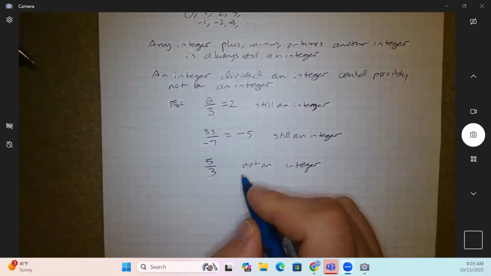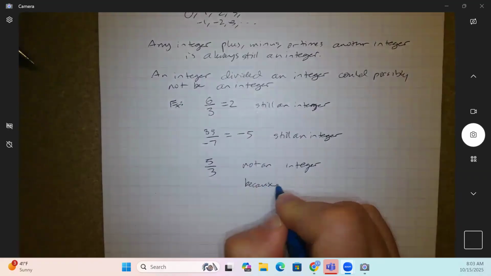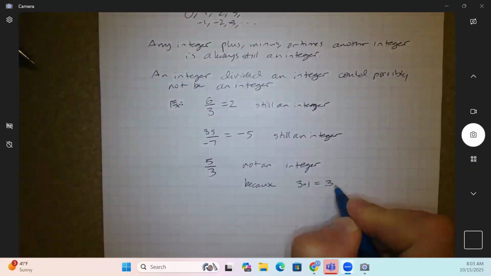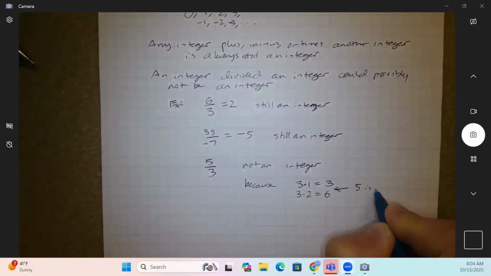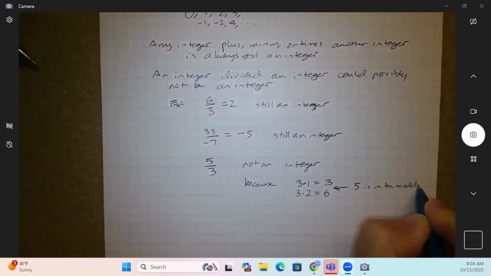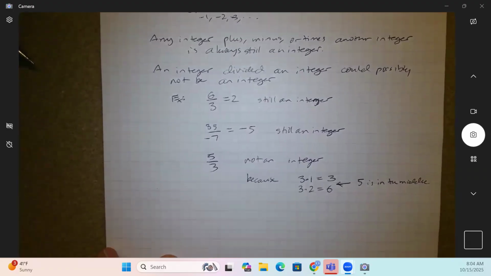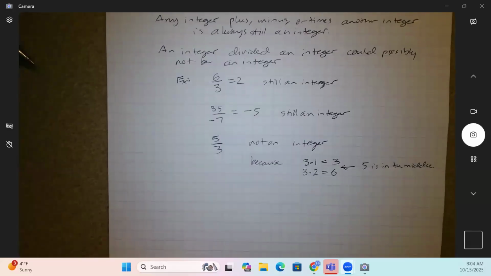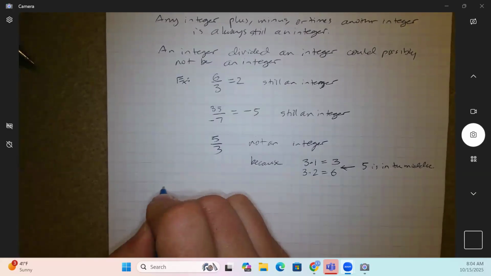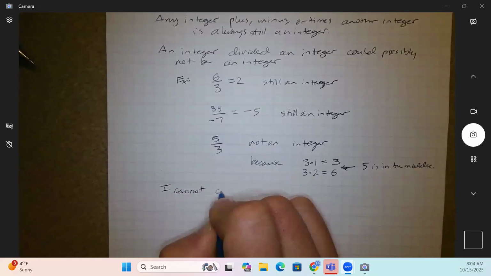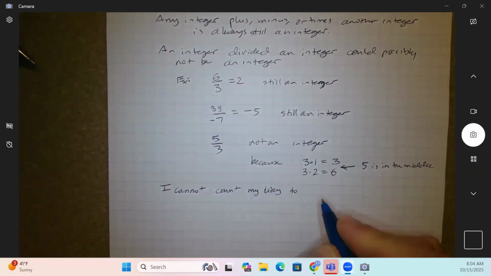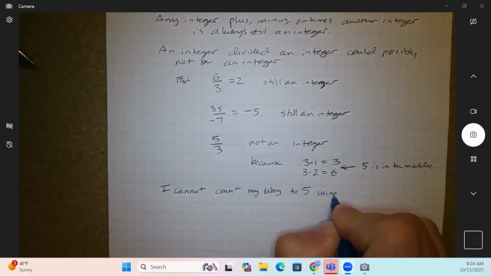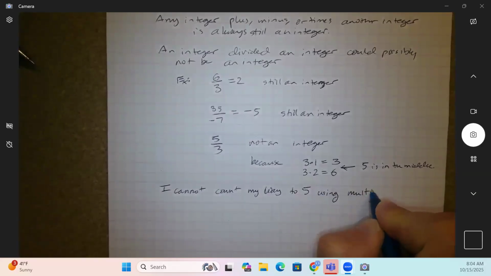And I know it's not an integer because 3 times 1 equals 3, 3 times 2 equals 6, and 5 is in the middle. I can't count my way to 5 using multiples of 3.